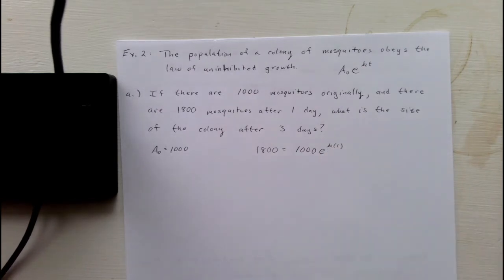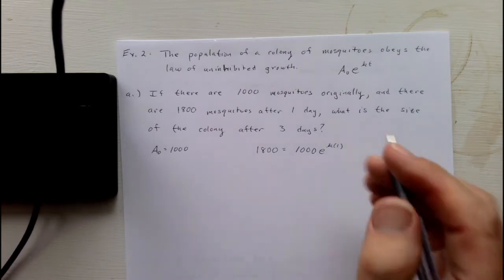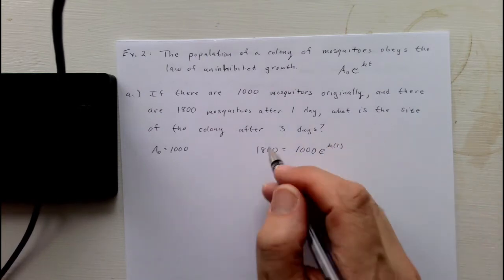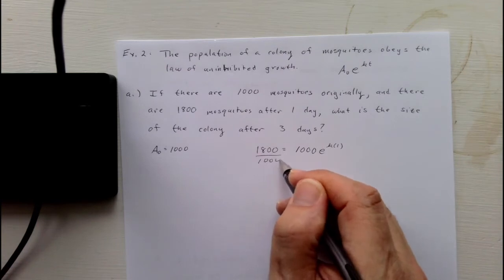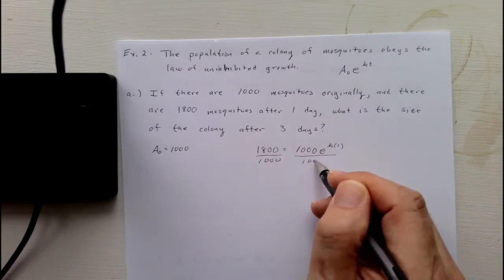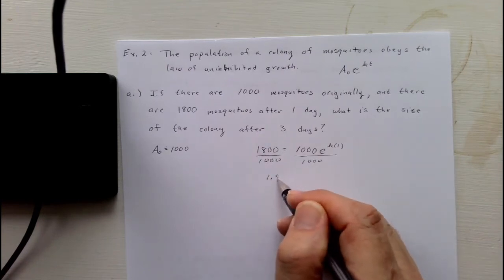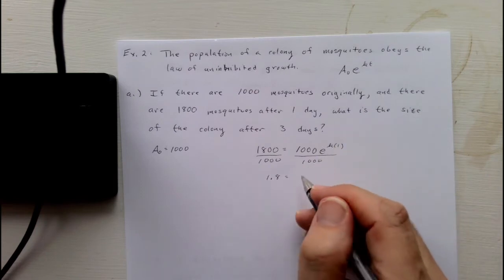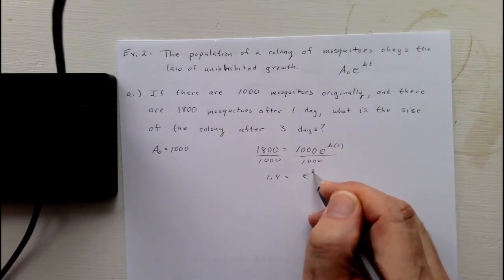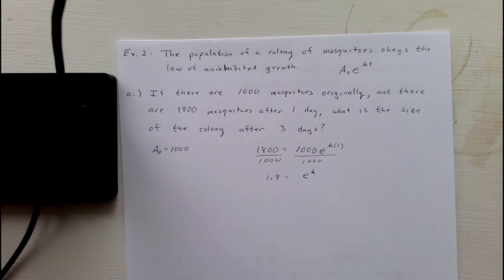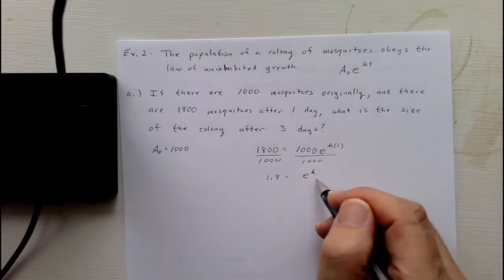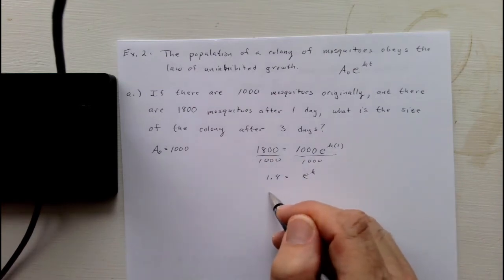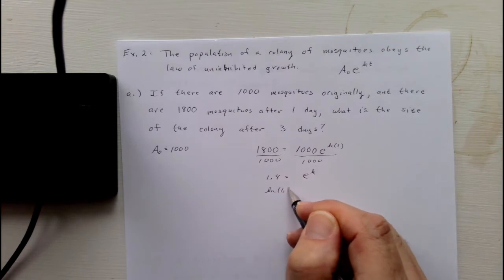Okay, and then we can divide both sides by 1,000, and we get 1.8 is equal to e to the k, and that tells us that, taking the log of both sides, k is going to be the natural log of 1.8.